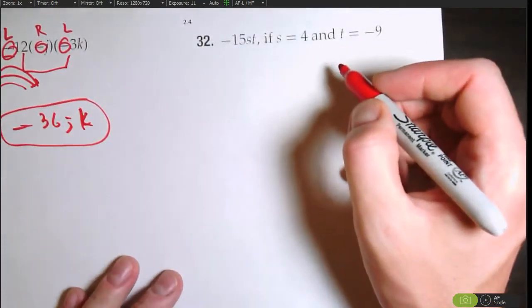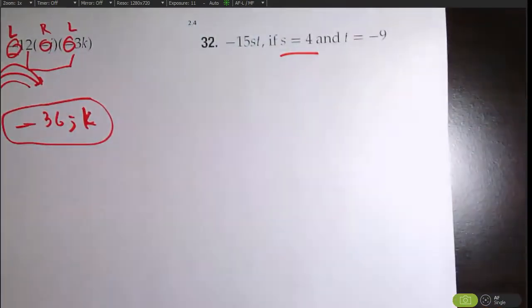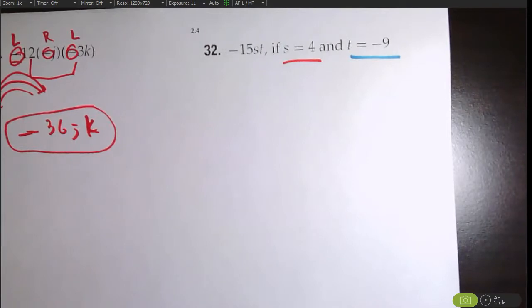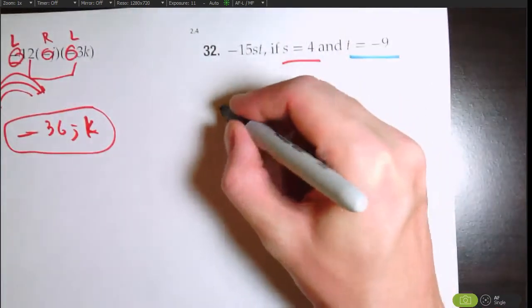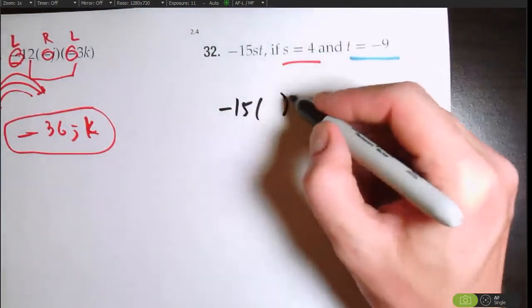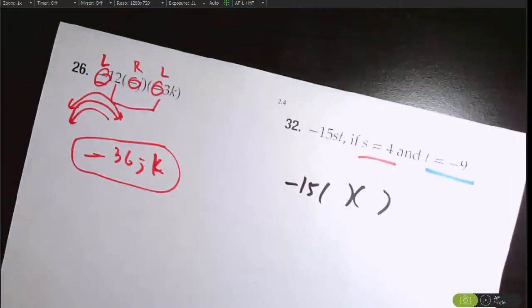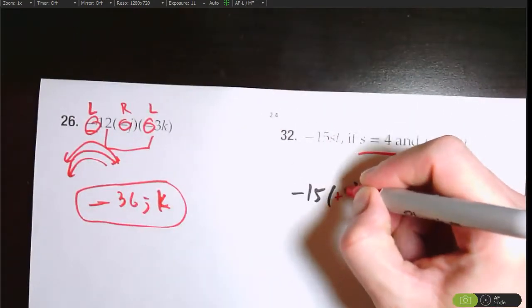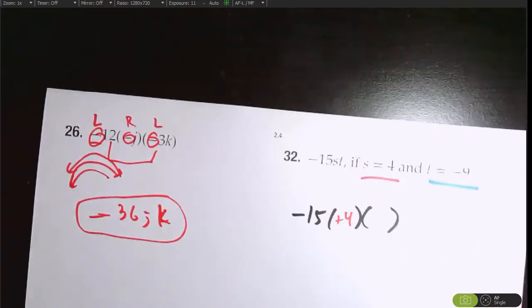Now number 32, we'll make S red. We'll make T light blue. So it's negative 15 times positive 4 times negative 9.